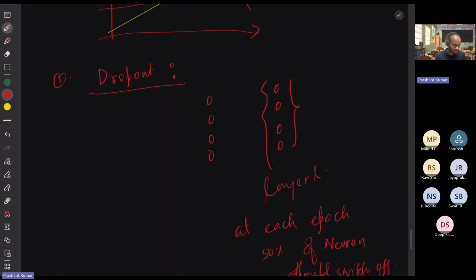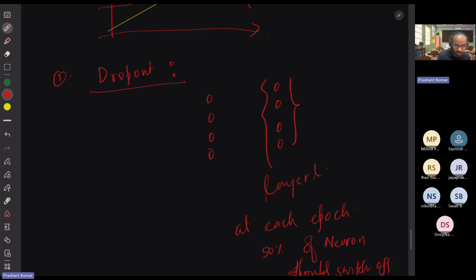Okay, that means if I am switching off the 50% of the neurons, so randomly I am picking these two neurons and they are not going to take part in the training at the current epoch.